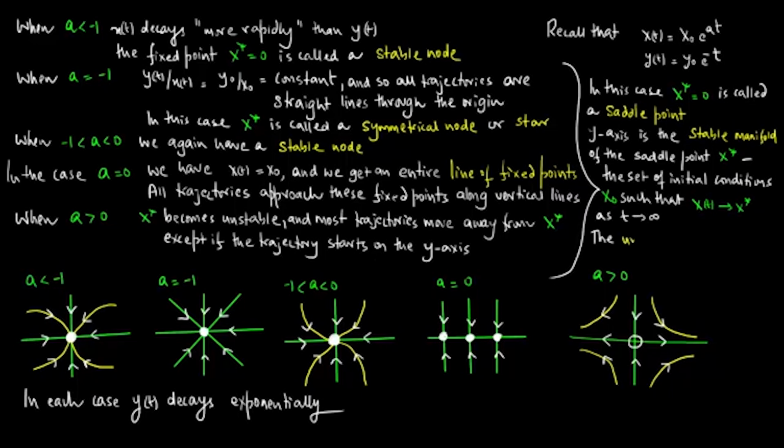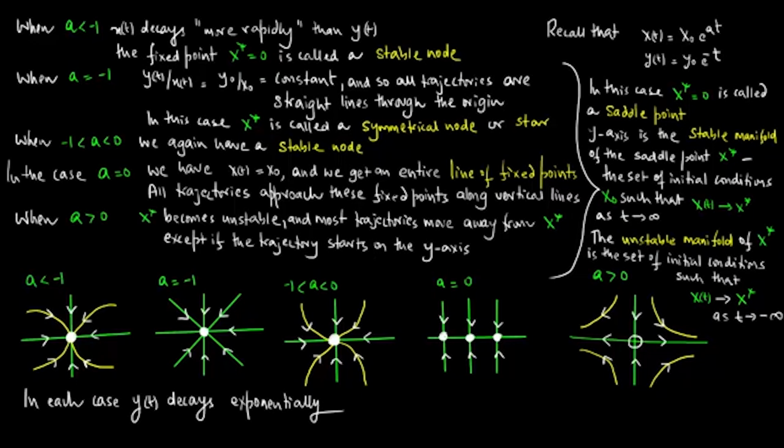The unstable manifold of x star is the set of initial conditions such that x of t tends to x star as t tends to minus infinity. So the x-axis is the unstable manifold.